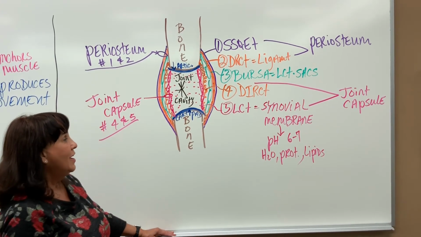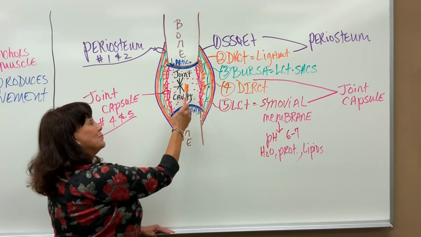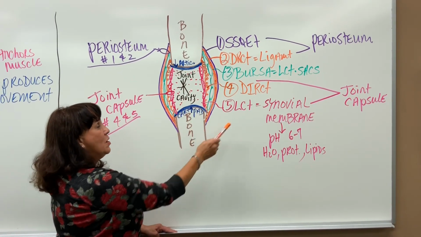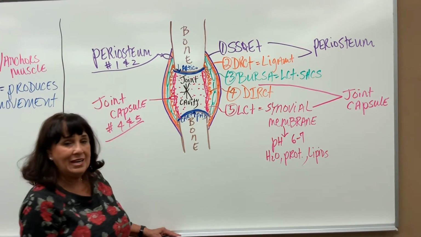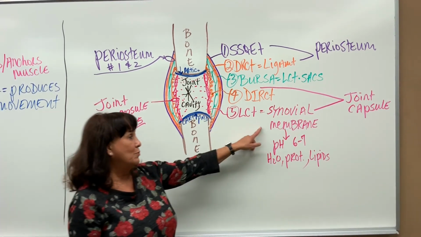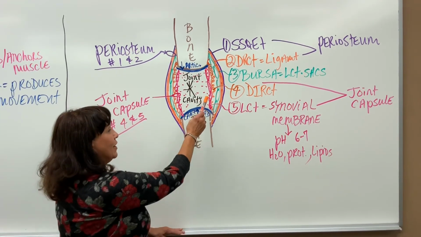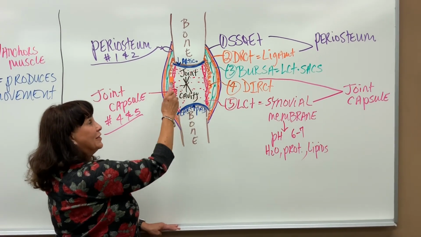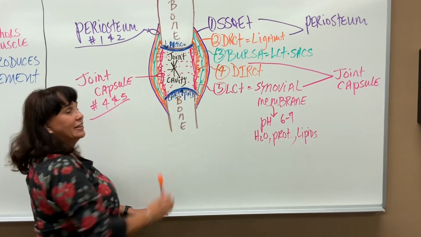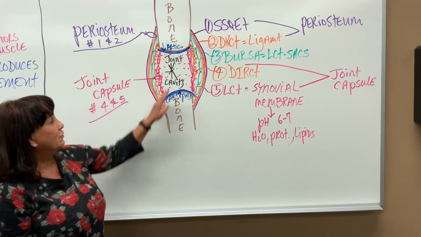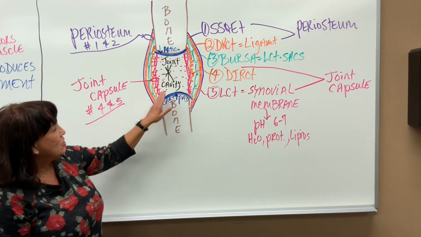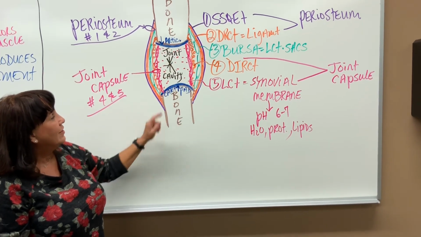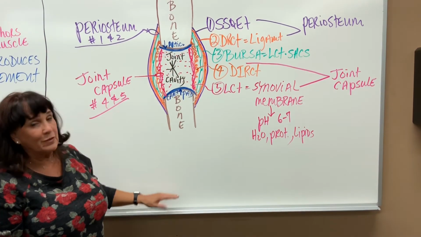And then on the very inside, right next to the joint space or the joint cavity right here, we have a layer of loose CT that's called the synovial membrane. That synovial membrane is going to make a liquid that comes out into the joint cavity, and it's for cushioning, and it will flow over the cartilage on the ends of the bones, the articulating cartilage pads right there. And so that is a synovial joint.